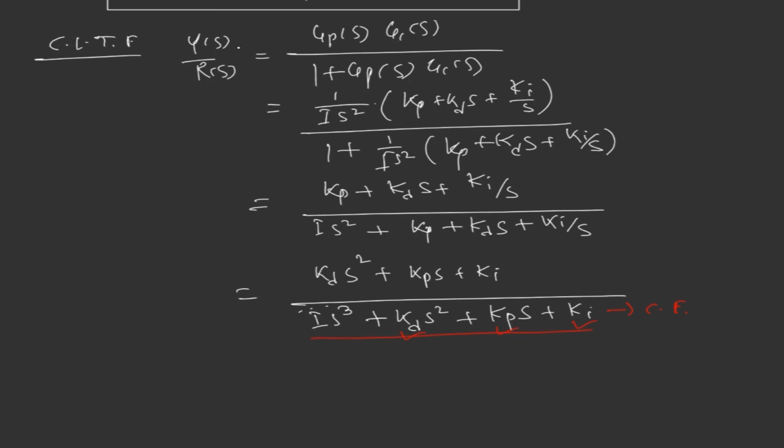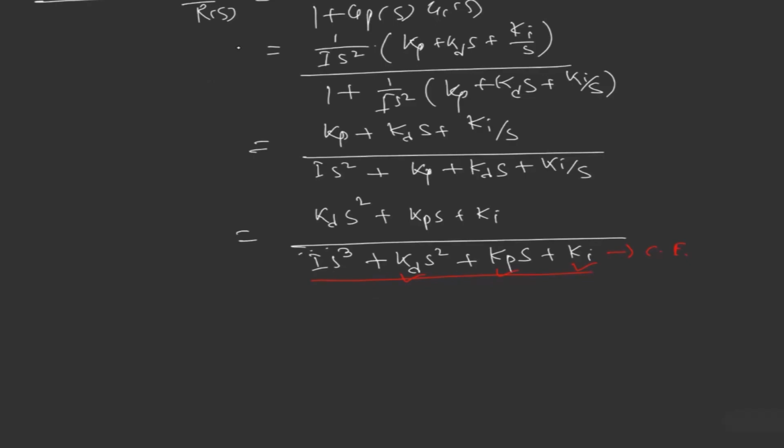So in this lecture, we'll come up with some conclusion on how we can find some range on these gains. And based on that, we can come up with the stability criteria: a system will be stable if you have these values for these gains.